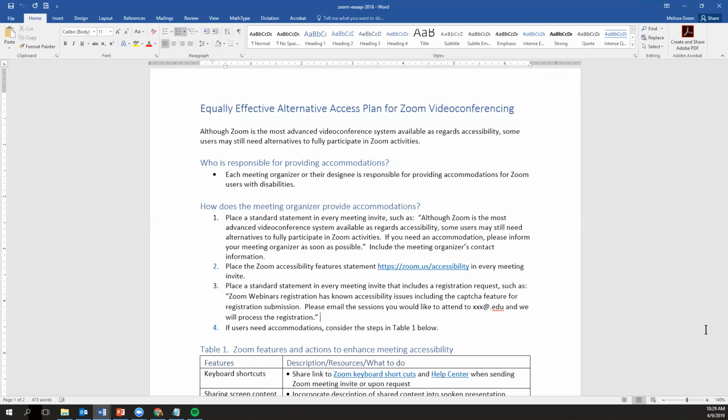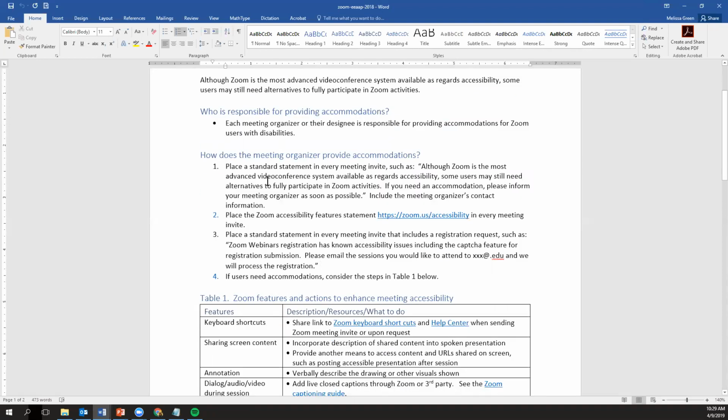So a plan for providing equally effective alternative access would outline who's responsible. So who's responsible for making sure that everyone who needs to be able to access the video conference is able to do so? Well, the meeting organizer or their designee. How does the meeting organizer provide accommodations?